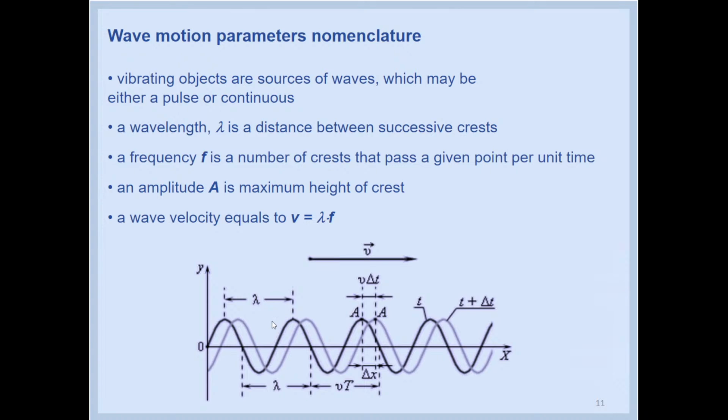And this is just the wavelength. And you can see the relation between the velocity of wave propagation, the frequency of the wave that equals the frequency of the particles' oscillations, and the wavelength. This is just the relation.